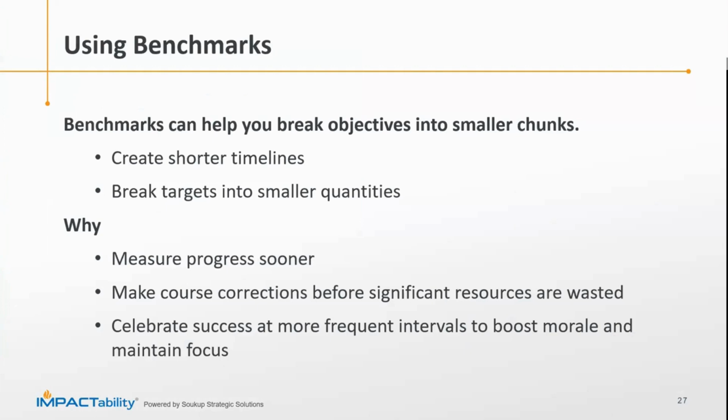So as I mentioned, we do break things up into benchmarks. Each objective also has benchmarks that help you break that objective into smaller chunks, usually smaller quantities or a smaller amount of time. This helps you to continue to measure your progress over time in shorter increments. The benefit of doing this is that you're able to course correct sooner.